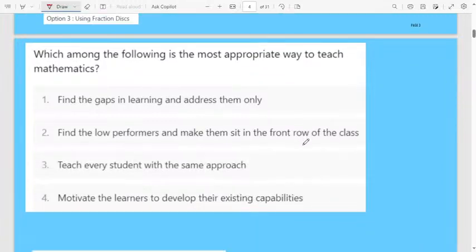Next question: which among the following is the most appropriate way to teach mathematics? Which among these four methods is most appropriate?